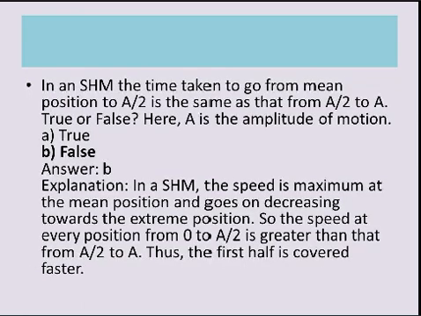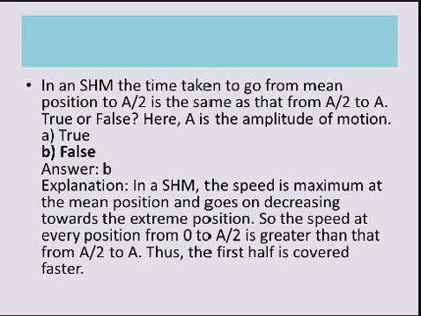In a simple harmonic motion, the time taken to go from mean position to a by 2 is the same as that of a by 2 to a. True or false? Here a is the amplitude of motion, and the answer is B, false, because in simple harmonic motion the speed is maximum at the mean position and goes on decreasing to the extreme position.